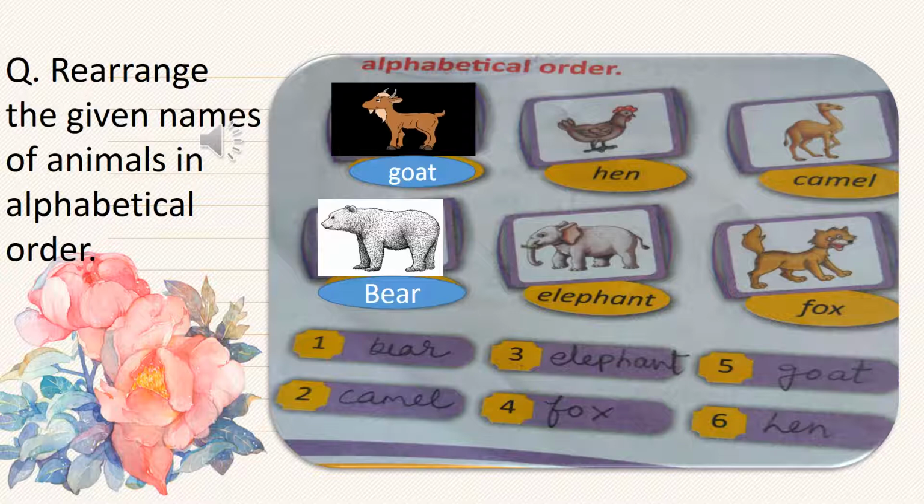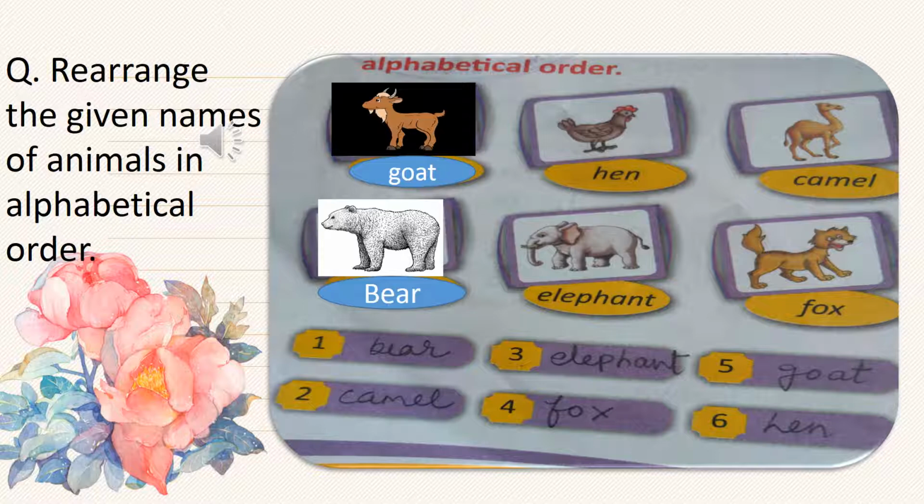So every alphabet has a particular place in alphabetical order. This is what we consider alphabetical order, and whenever you have to look for a new word and you search for that word in the dictionary, all the words are given in dictionaries in alphabetical order.